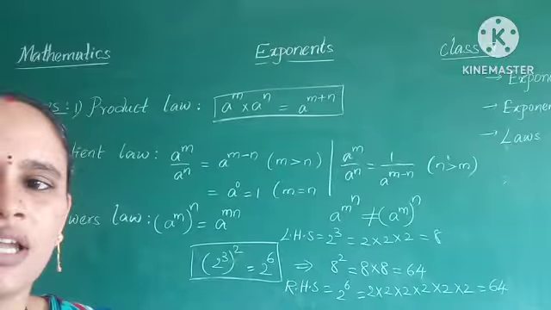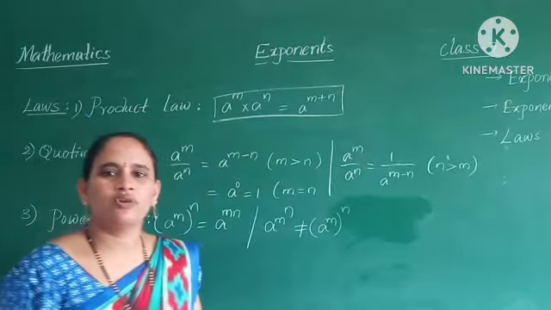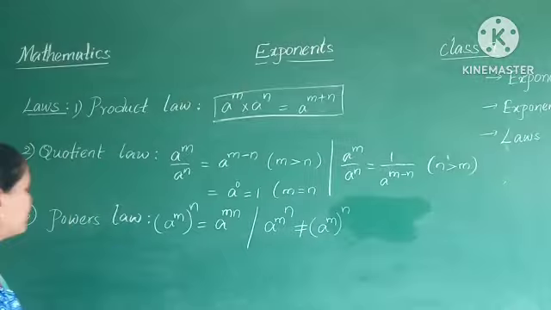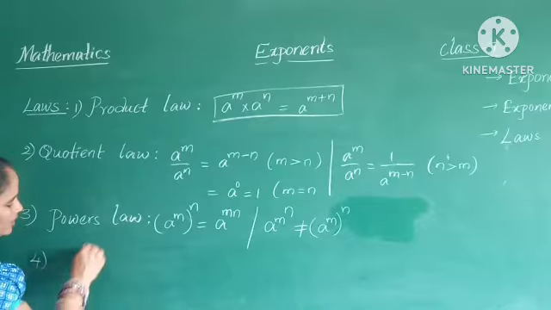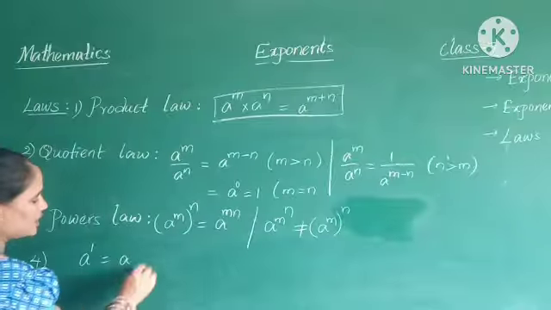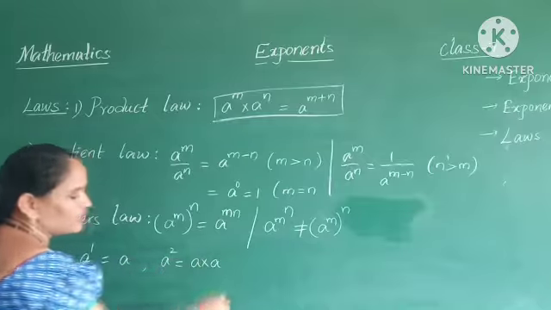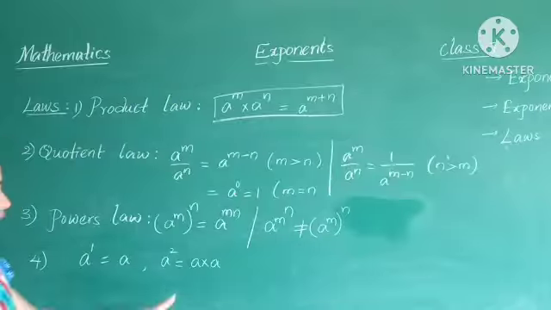In Power's law, not only these two, some more laws are there. For example, any number power 1: a power 1 is nothing but a. Why? Because we are writing it only one time. Then a square value is a into a, where a is multiplied 2 times.